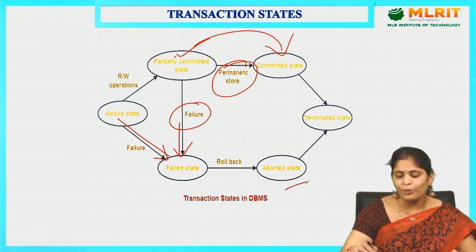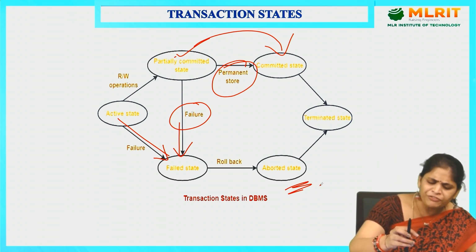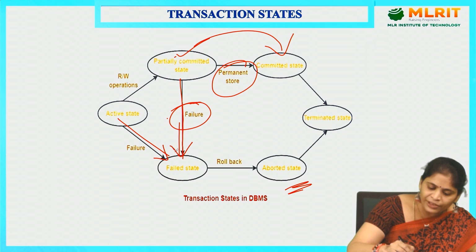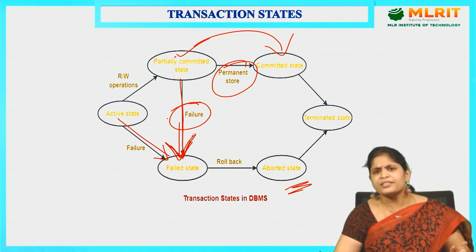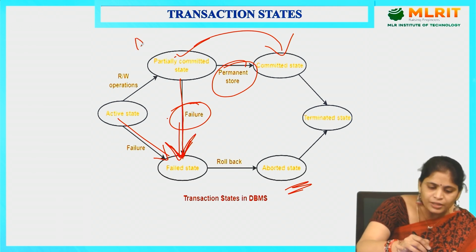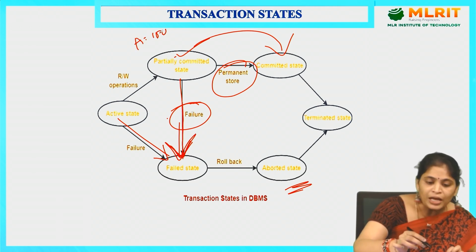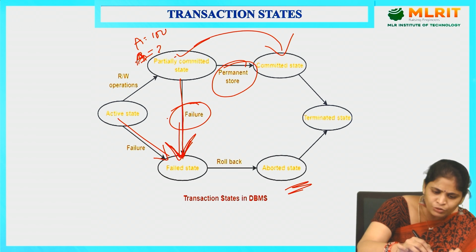Then what is the abort state? Here, for example, I update, or else I fail after doing some transaction. For example, A is equal to 100 initially. Here I want to update A to 200.